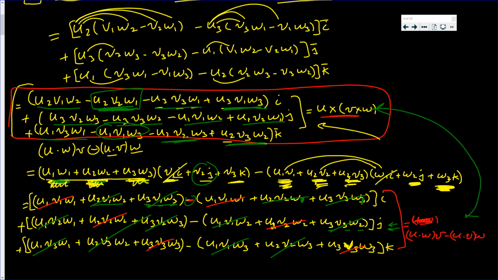No question about it. We proved it. Therefore, U cross V cross W is equal to U dot W times V minus U dot V times vector W.